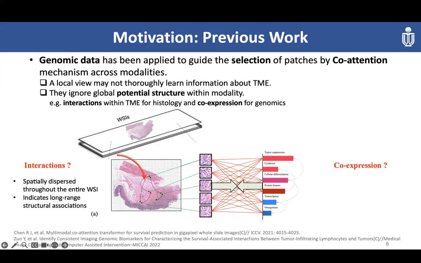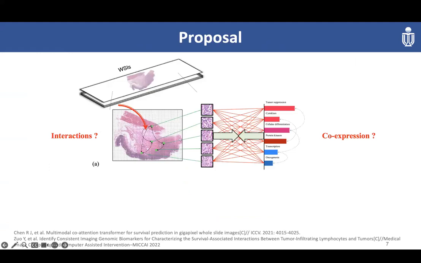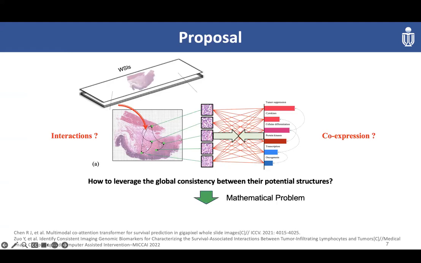These two potential structures might have the intrinsic consistencies, which can be utilized to select instances that are more associated with TME and further survival. In the context of how to leverage the global consistencies between the potential structures, we propose to mathematically formulate this problem as an optimal transport problem.